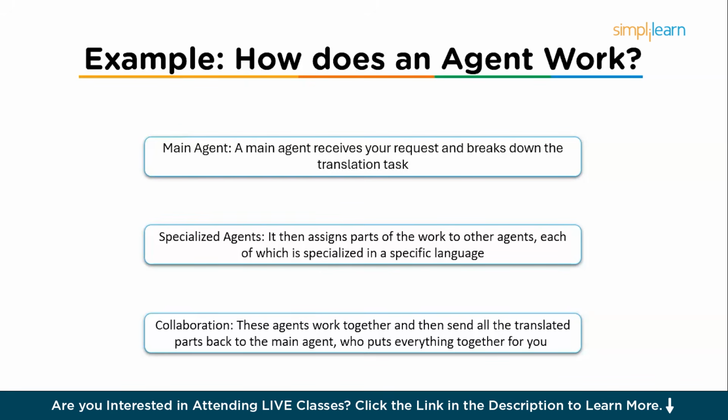These agents work together and send all the translated parts back to the main agent, who puts everything together for you. In short, an agent is more than just a part of an AI. It's an active helper that uses its own intelligence along with extra tools to manage and complete various tasks, often by working as a team with other agents.